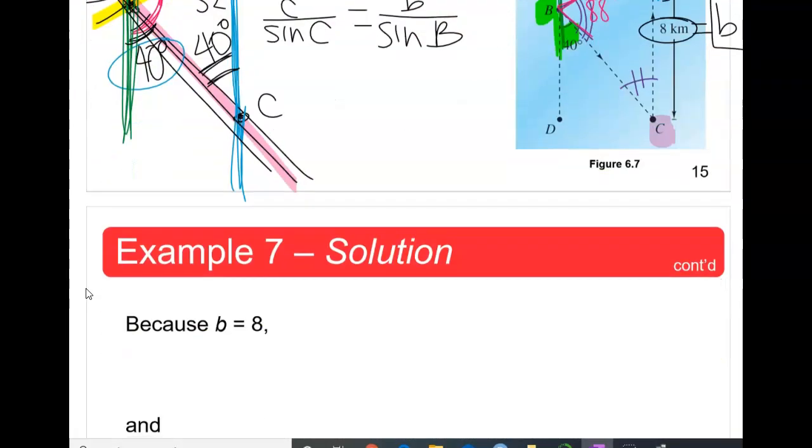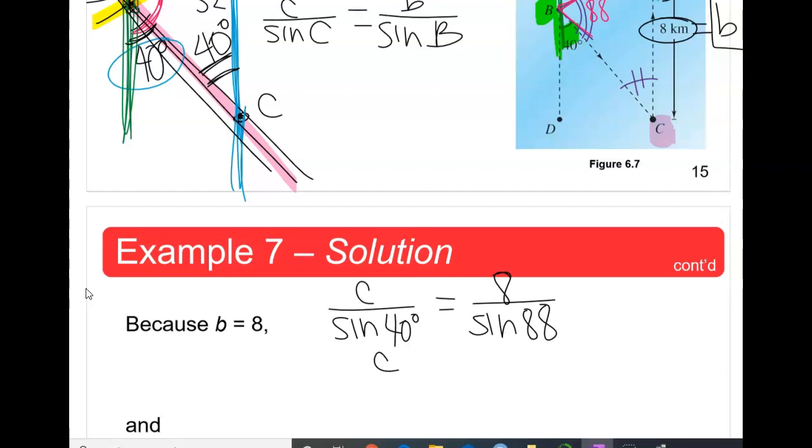Side C is what we're looking for, but we know the angle is 40. And for side B, we know it is 8. We have here sine of angle B, which is 88. So side C is going to equal 8 times sine of 40 divided by the sine of 88.